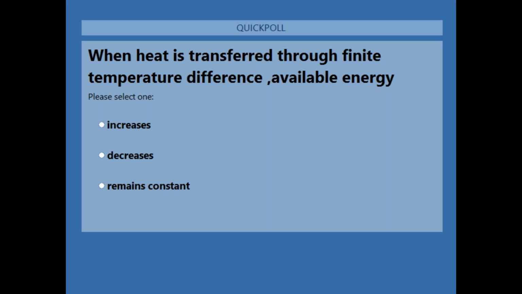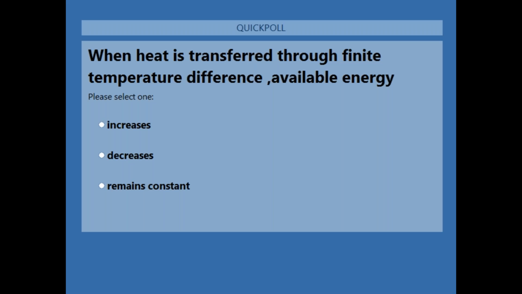We have discussed this n number of times that heat transfer through a finite temperature difference is an irreversible heat transfer. And whenever there is an irreversible process, that leads to exergy loss or exergy destruction. Or in other words, there is a decrease in available energy whenever the heat transfer is through a finite temperature difference.